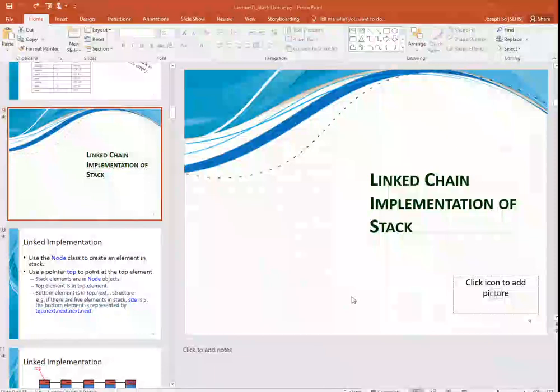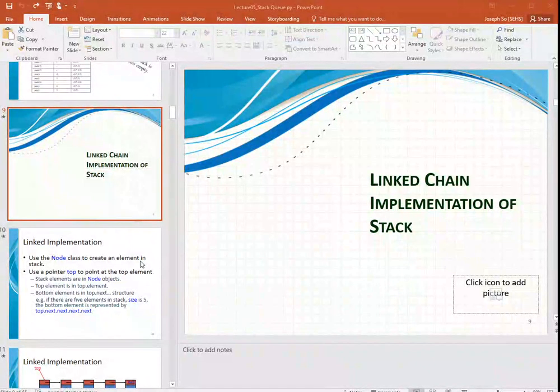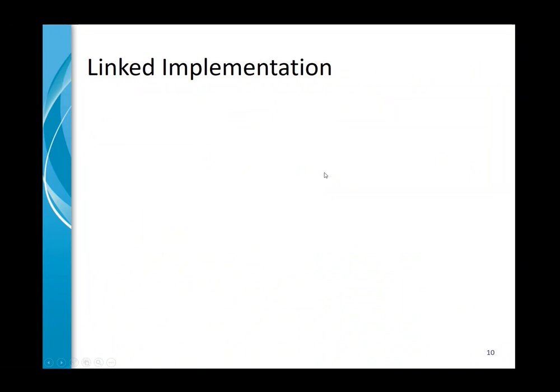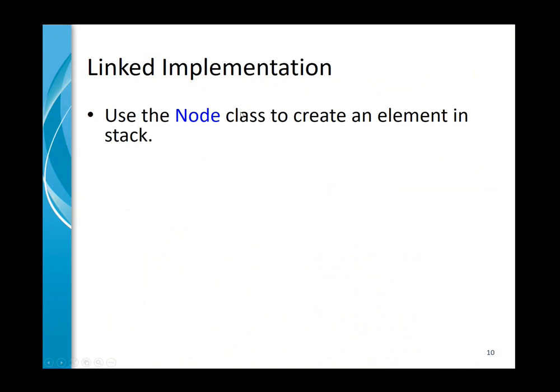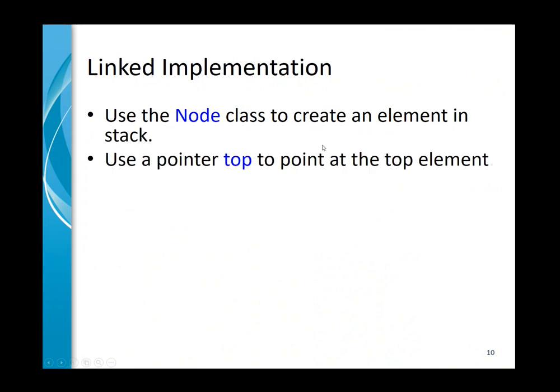So when we're talking about the linked string implementation of stack, we were talking about those in Python. We use the node class to create an element in the stack, and use a pointer top to point at the top element.